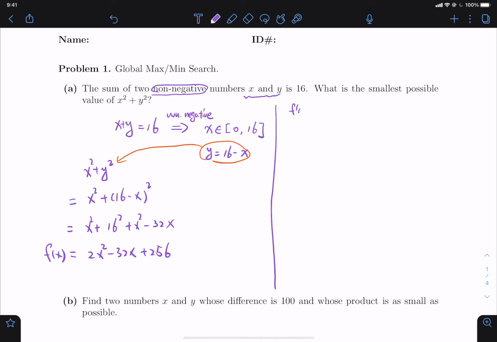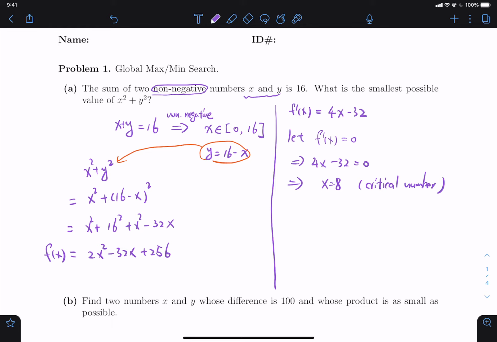The derivative is 4x minus 32. Now we let the derivative equal to 0, so 4x minus 32 equals 0, and that is obviously x equal to 8. So this is the critical number.